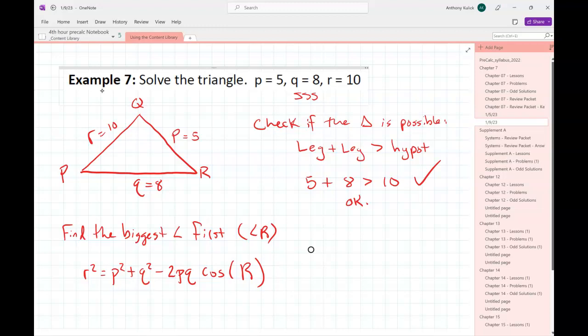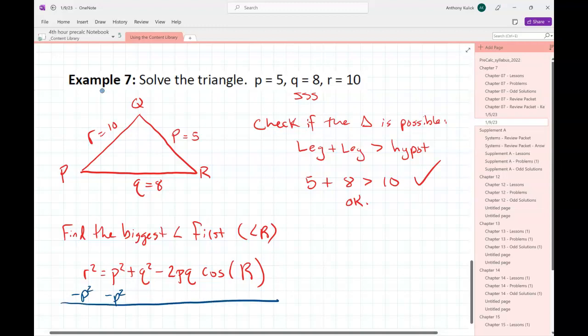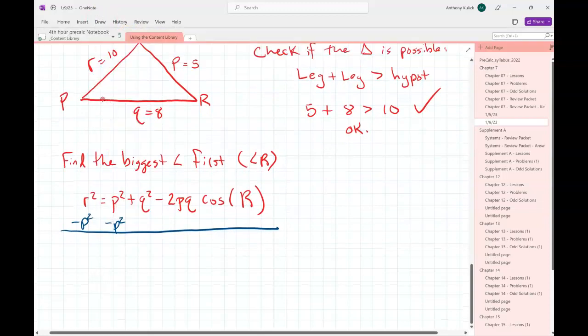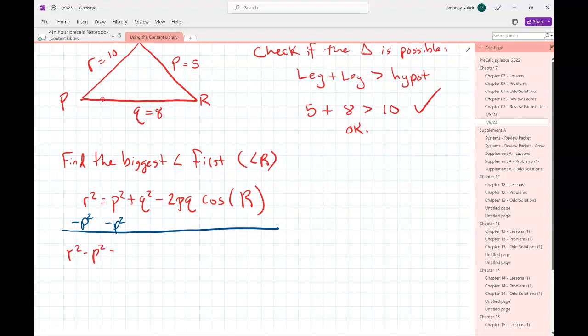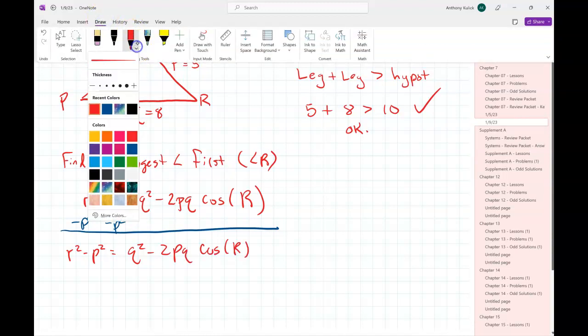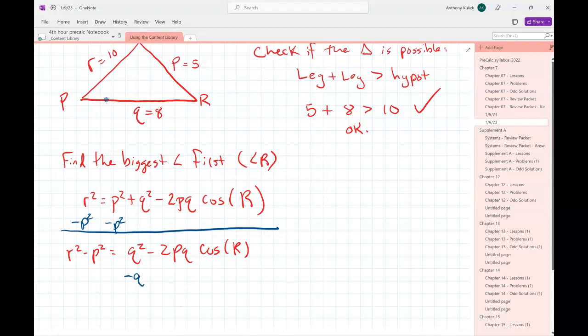So what is being added or subtracted to my variable R? P squared and Q squared, right? So that's what we're going to start with, just moving those to the other side. So move the P over, move the Q over.